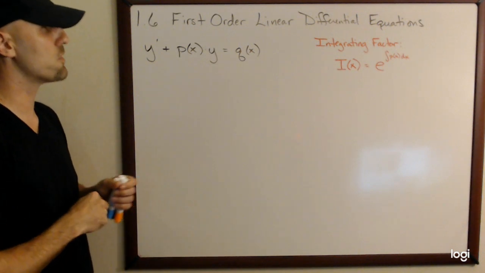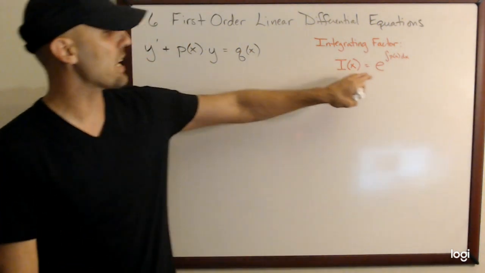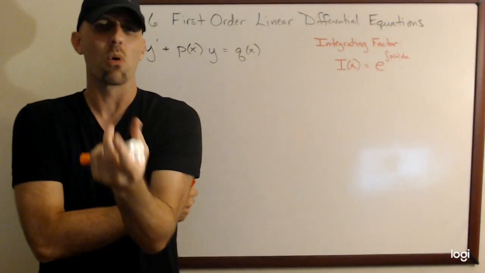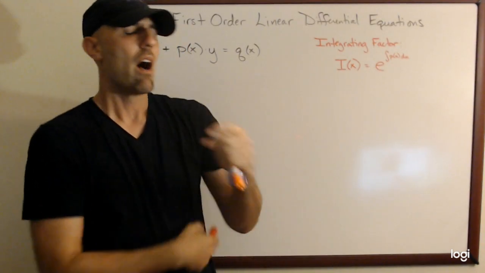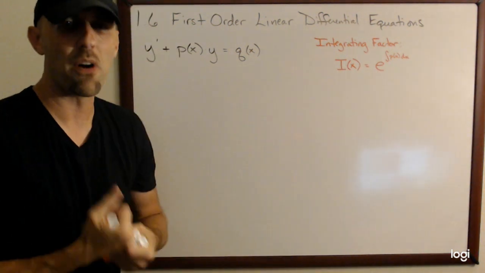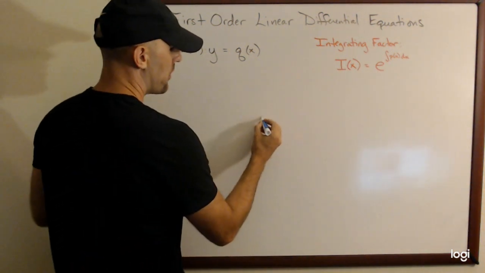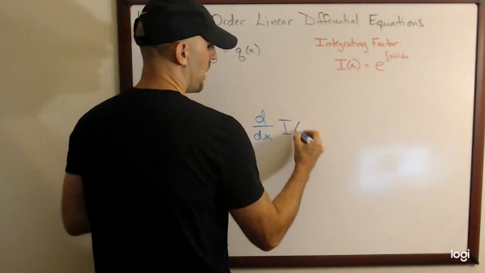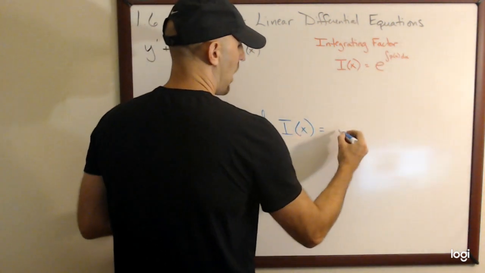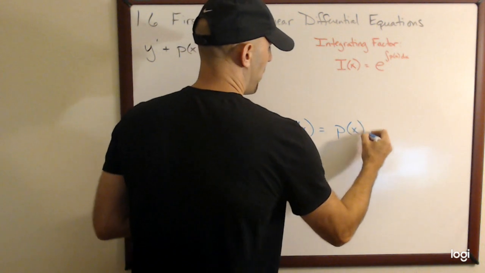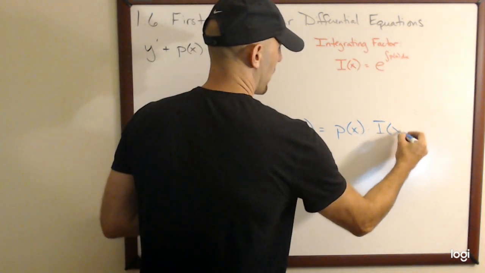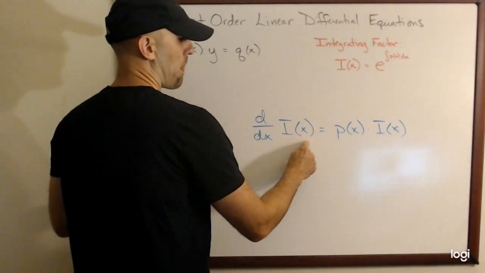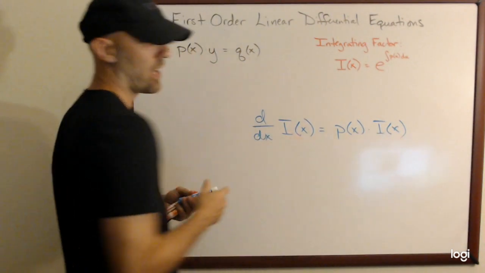Now I want to just spend about 20 seconds talking about this. Here's what I'm really looking for with I of x. I'm looking for some function where the derivative with respect to x of that function is p of x times I of x. So I want the derivative of whatever this is to be p of x times I of x.